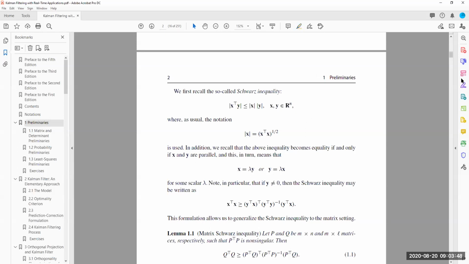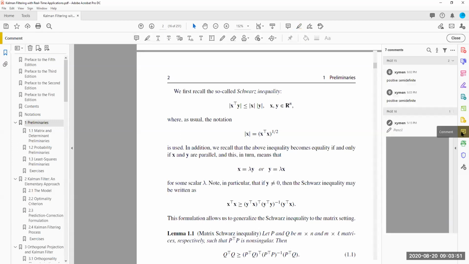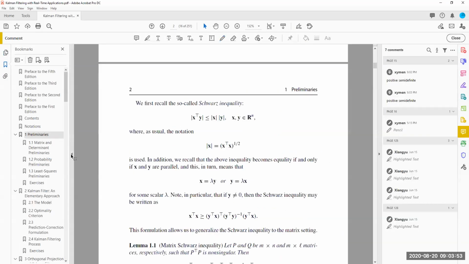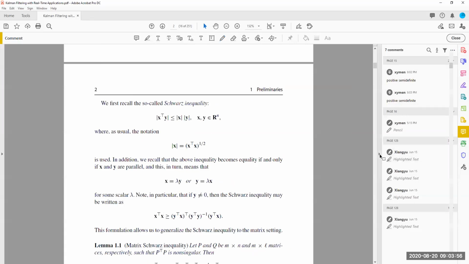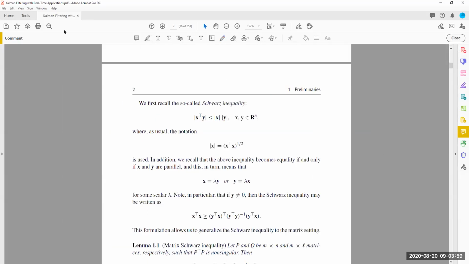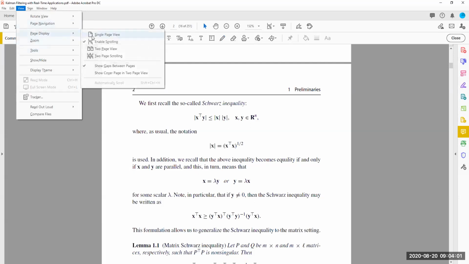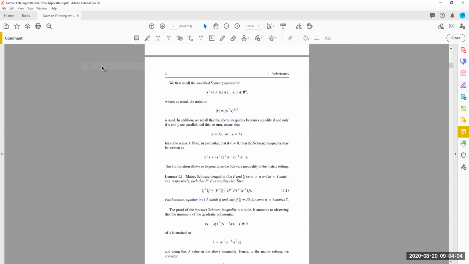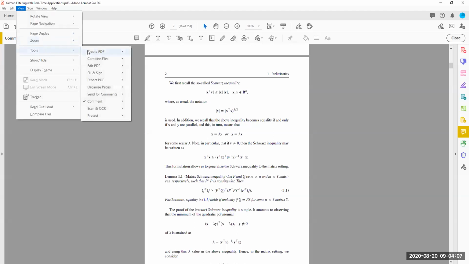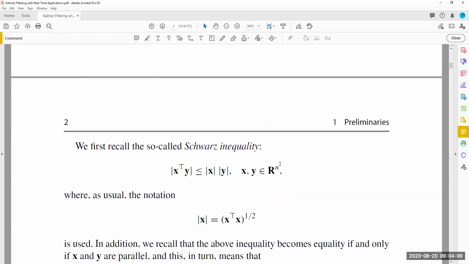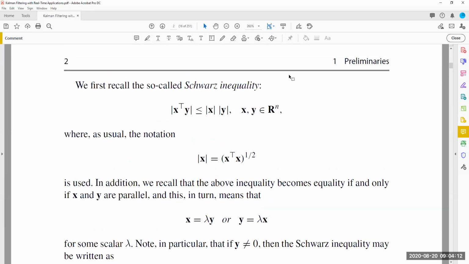Let me open the comment tool. We have two vectors, so let me draw two vectors. This is vector x, and this is vector y.